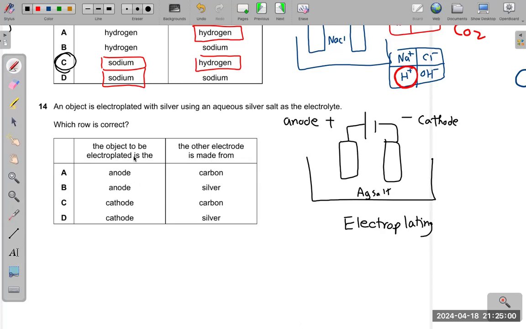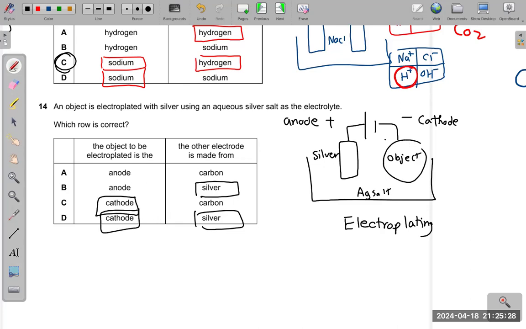So the metal that you are going to use is placed in the positive, and this is the silver. And the object that you will electroplate, you put in the negative, in the cathode. So the only correct answer is this one, which is D.